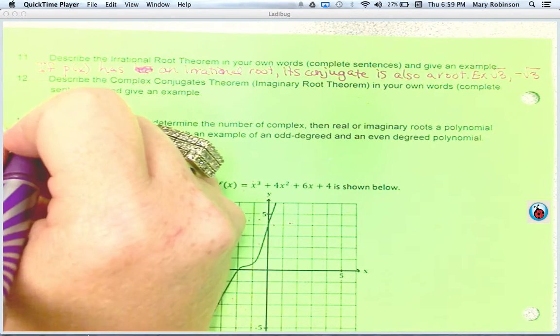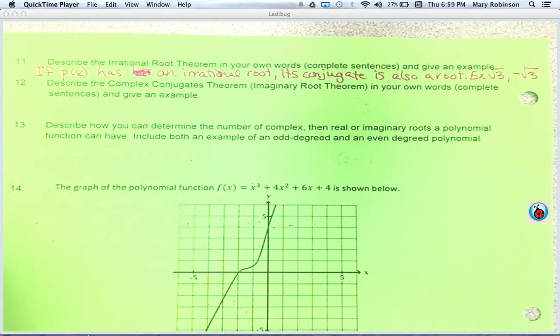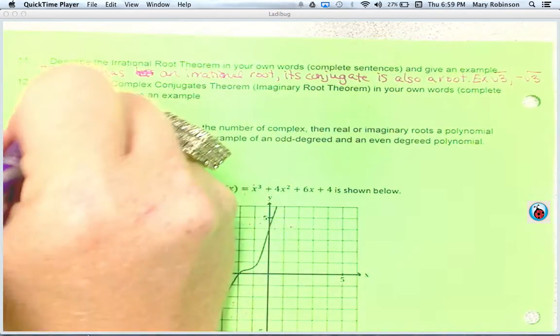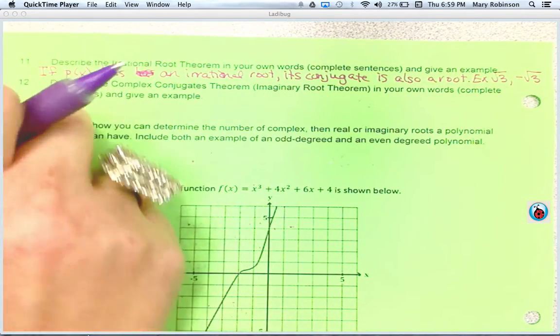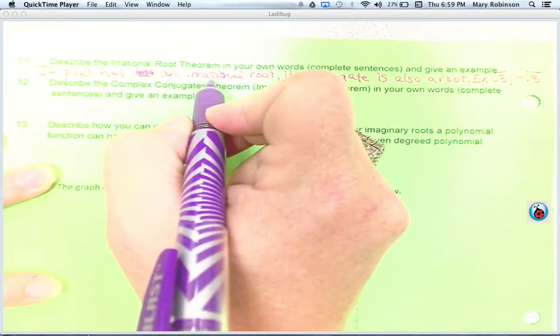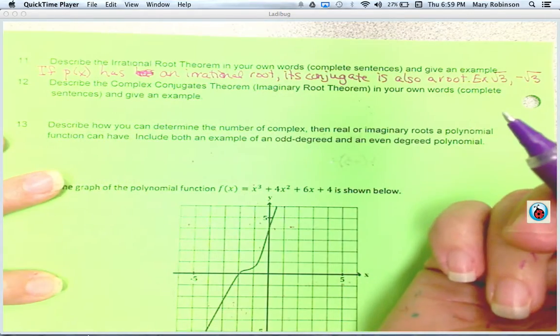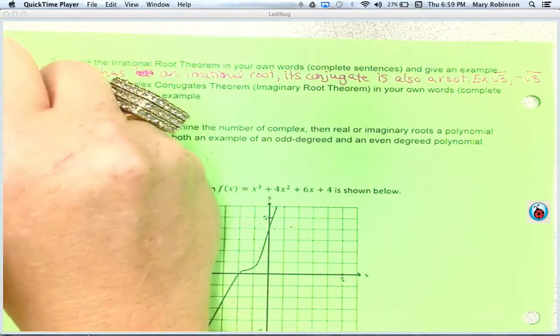12, describe the complex conjugates theorem or imaginary root theorem in your own words in complete sentences and give an example. You basically word number 12 like you do 11, only instead of irrational, you say imaginary.